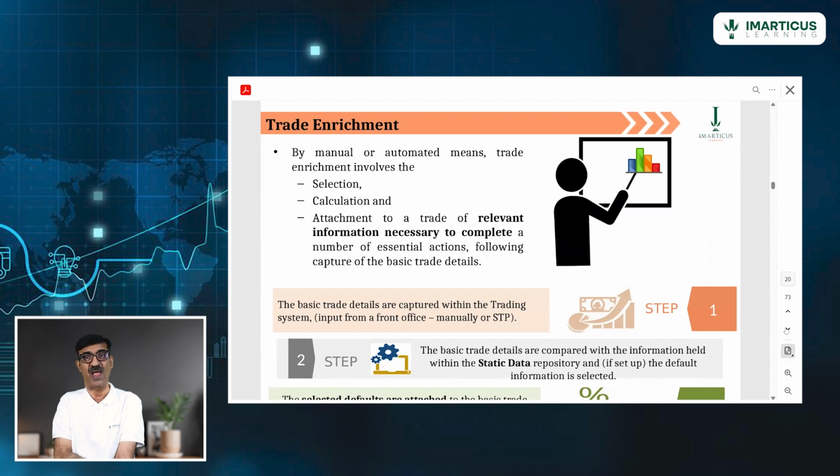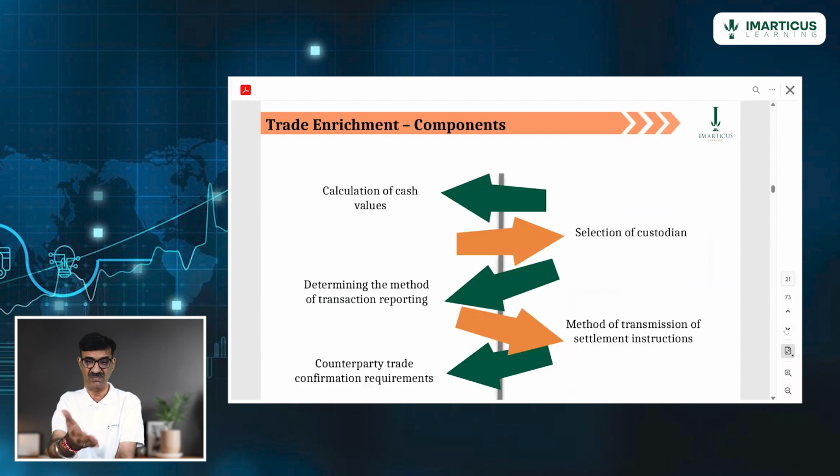Enrichment gives value to the contract. What will you check in enrichment? What are the cash values? Who is the custodian? How is the transaction reported? How are the payment and shares going to be transferred, the clearinghouse? And what are the counterparty trade confirmation requirements?